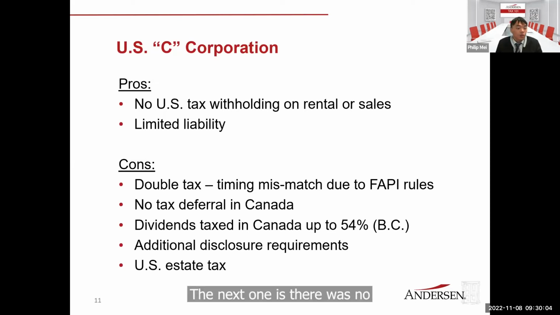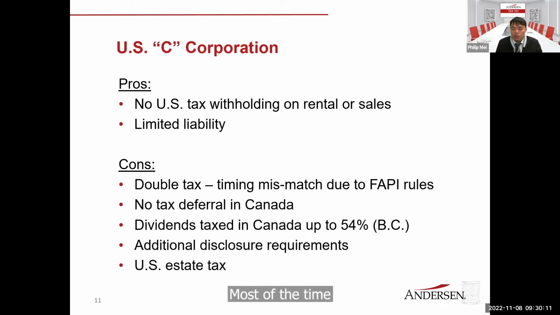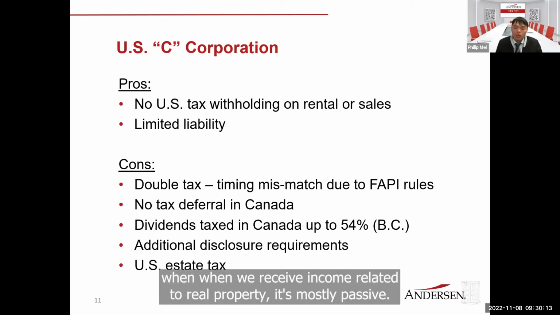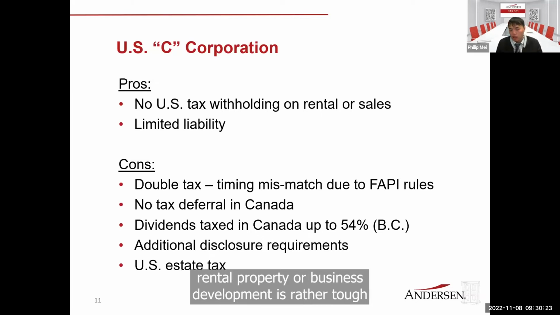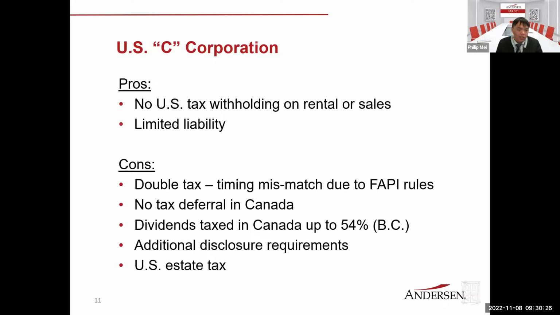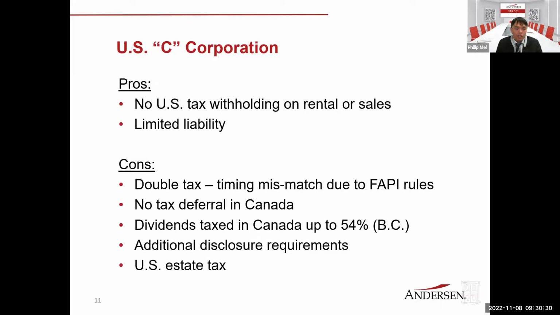The next one is there was no tax deferral in Canada. As we have discussed earlier, most of the time when we receive income related to real property, it's mostly passive. The requirement for getting an active business in either rental property or business development is rather tough, and it's not usually applicable to most taxpayers.